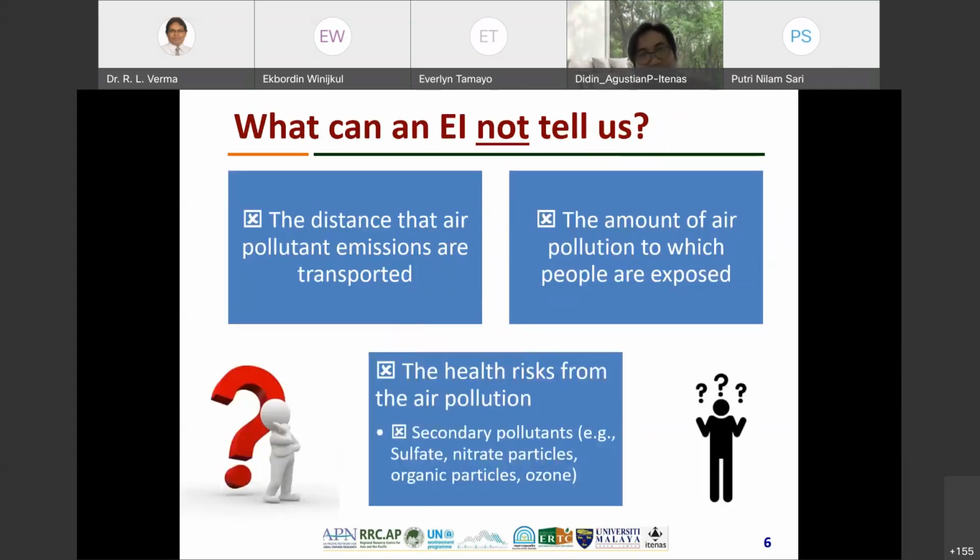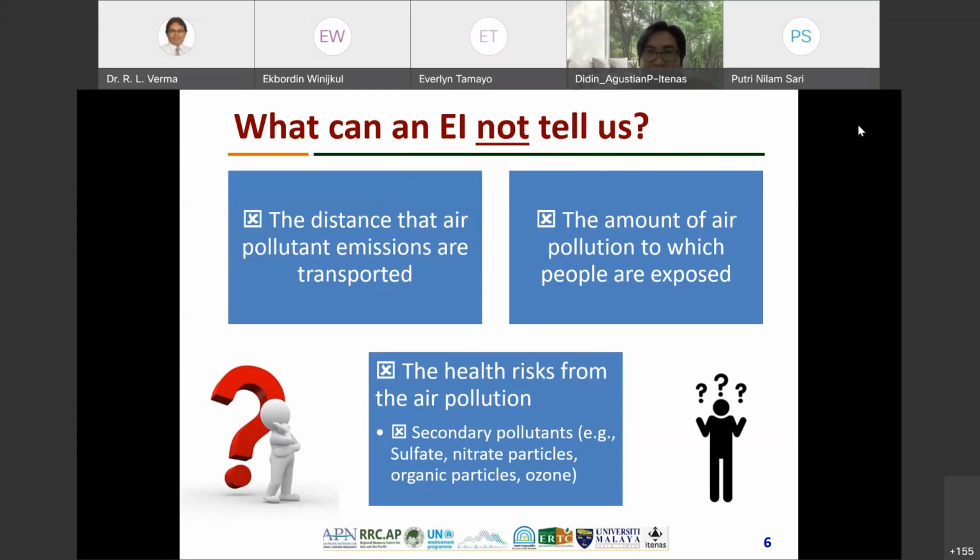I think this question has also been well covered by Dr. Ekbordin: emission inventory has several benefits, but the inventory cannot tell us these three things. The distance that air pollutant emissions are transported can only be known by using modeling.